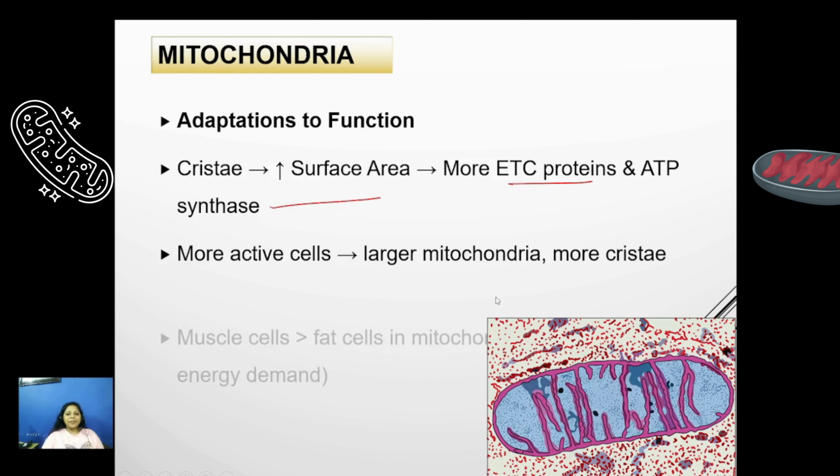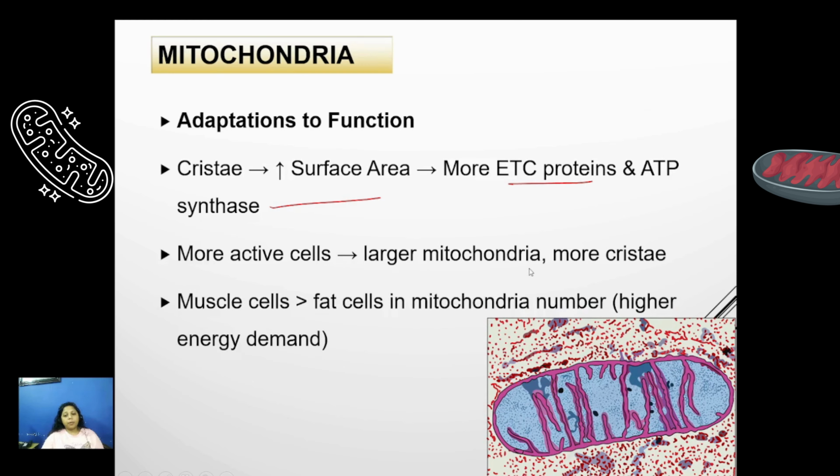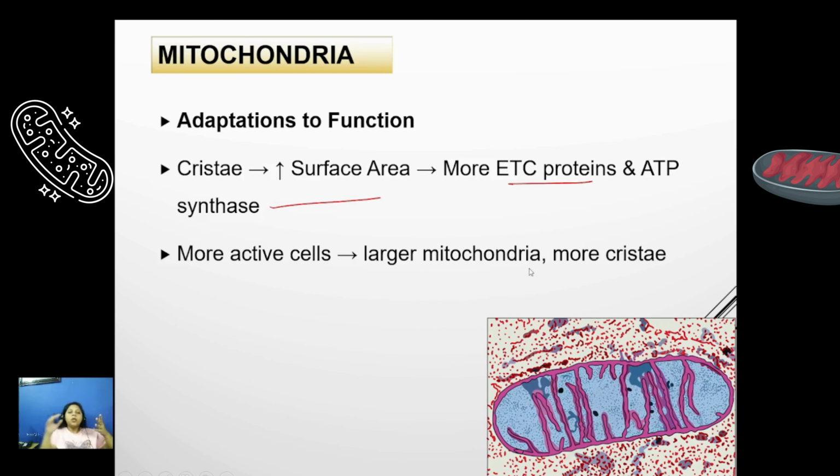More active cells have more mitochondria and more cristae. You must remember that when we discuss transport in plants, we say that the xylem is not a living cell, it's a dead cell, there is no living cell content. While when we talk about phloem, because it needs energy to transport food, it has lots of mitochondria.